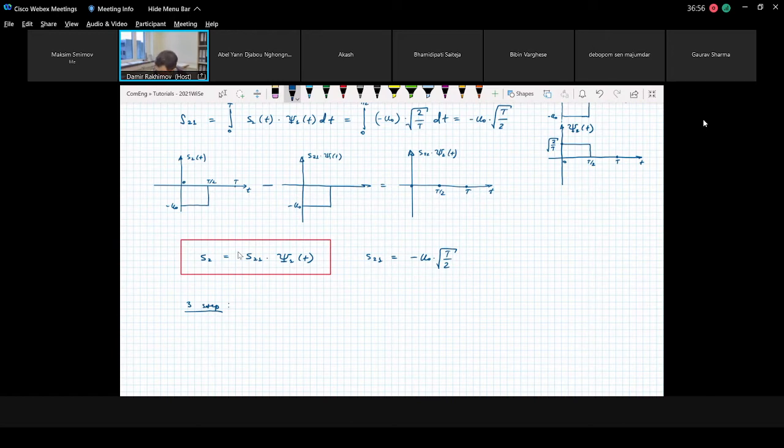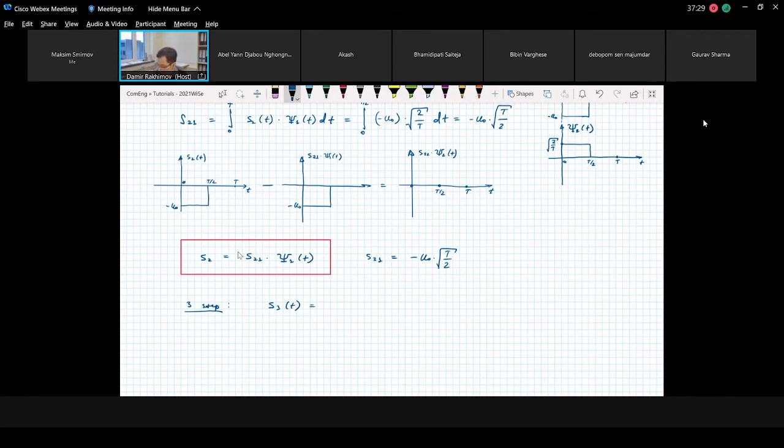Okay, but now we go to the third step and we come to the third signal. Up to now, we have only one basis function. And for every next step, we try to increase the number of basis functions by one additional basis function. And if we didn't need any extra basis functions in the previous step, then it might happen that we need another basis function to represent the third signal.